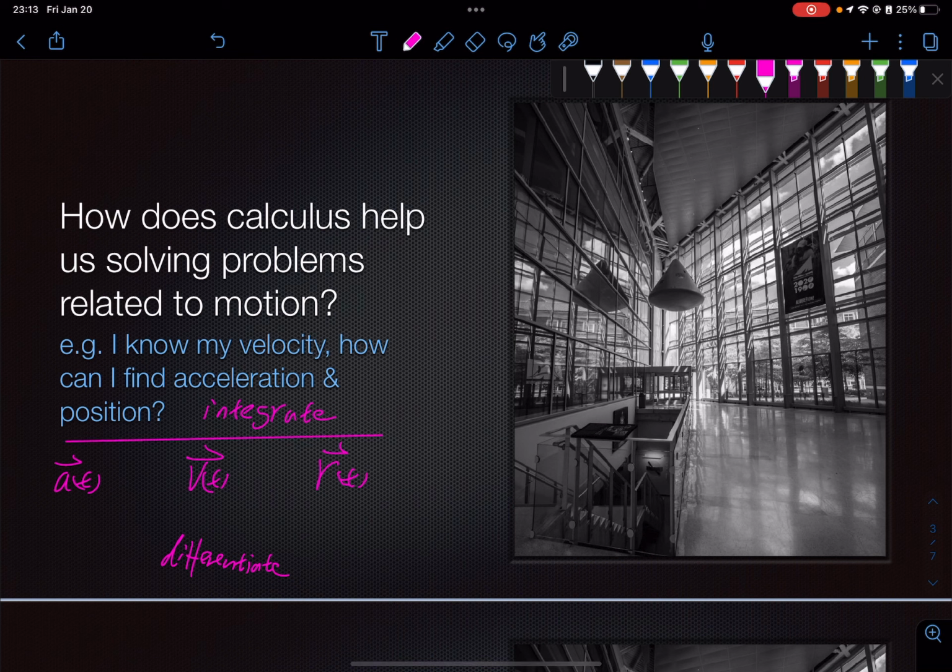If you integrate, you go from acceleration to velocity and then to your position, and you differentiate from position to your velocity, and then to your acceleration. And of course, you need to apply initial conditions, but we'll talk about that later.